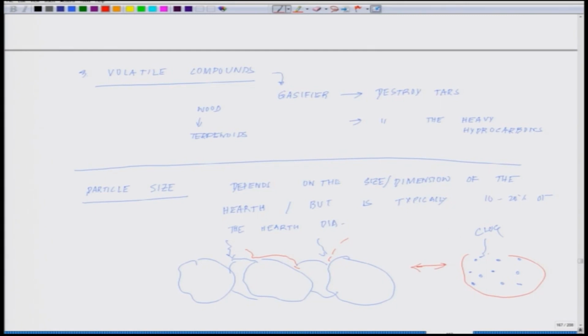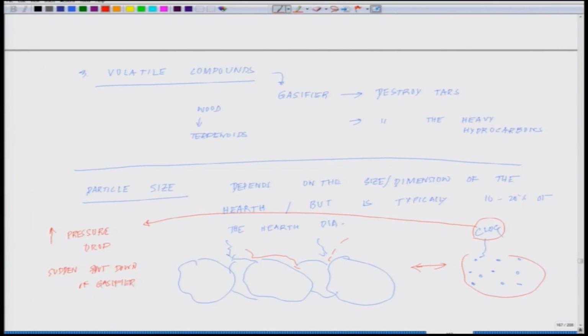Smaller particles leading to clogging lead to other very detrimental things. It could reduce the available air voidage, leading to a greatly increased pressure drop, which is very dangerous for the system and can lead to a sudden shutdown of the gasifier. So we really cannot make it very fine.